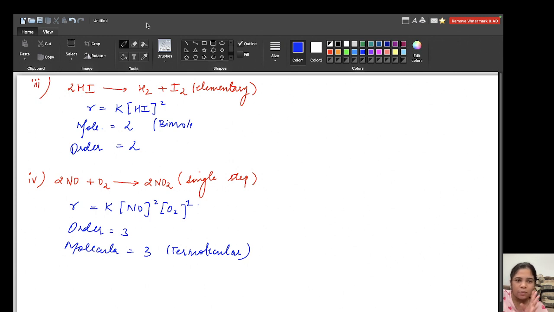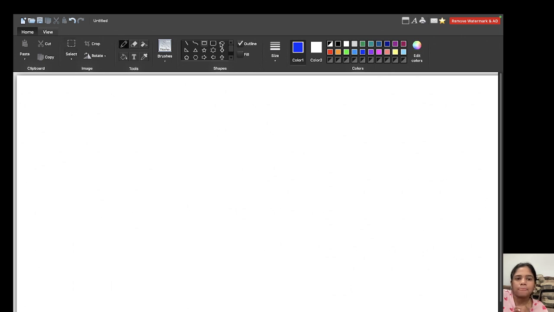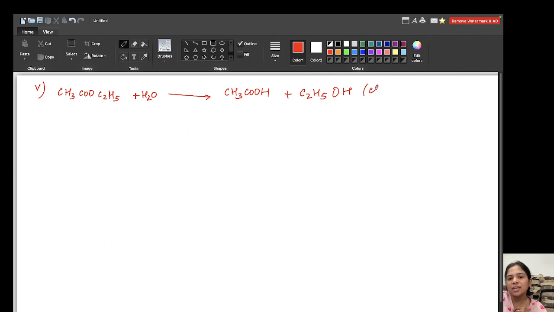Now next example, very important example. Next example is CH3COOC2H5 plus H2O is giving you CH3COOH and C2H5OH. Now they are telling you that this is also an elementary reaction.